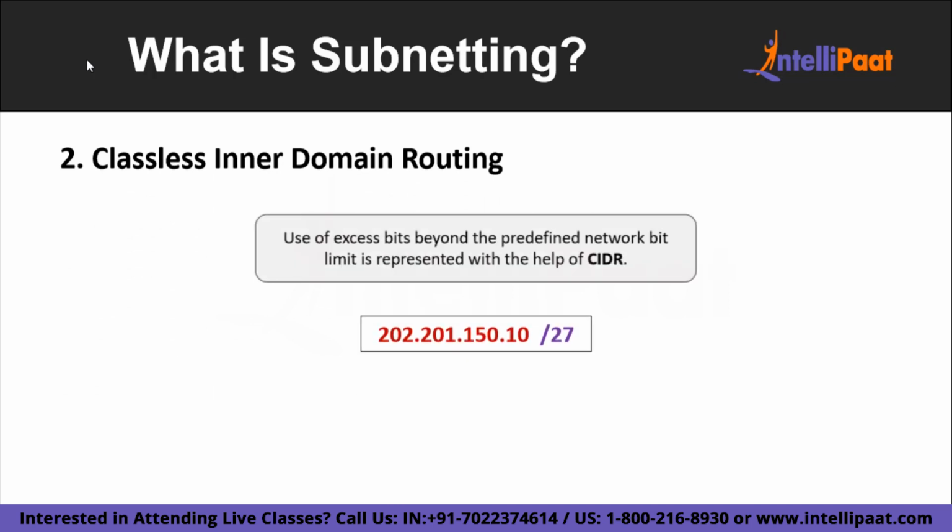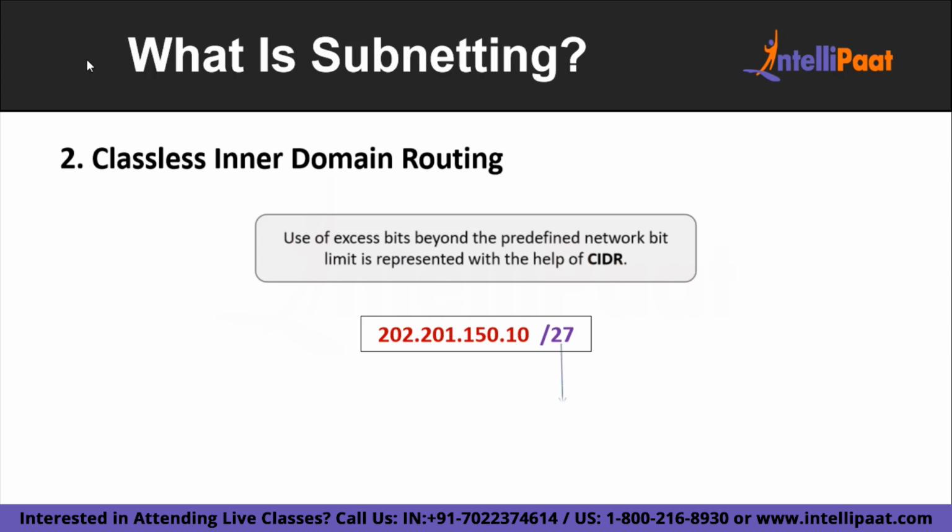Then we have classless interdomain routing or CIDR. I want you guys to reflect on the train example we discussed earlier. In that example, we saw that we could utilize reserve bits for better management of the network, and the use of those excess bits is represented with the CIDR. For example, let's say we have this IP address over here, 202.201.150.10, and it has a /27 extra mark.